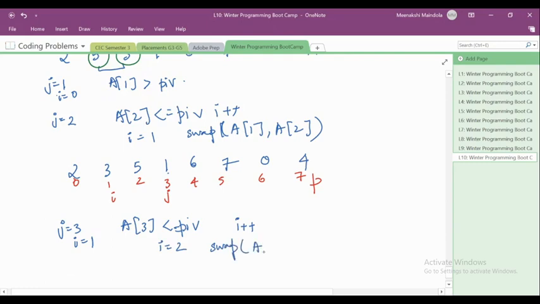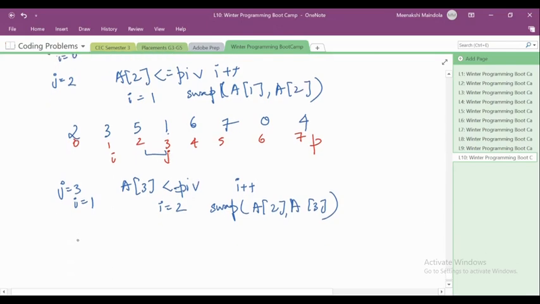So you do a of 2 and the next element that you have is a of 3. So you swap these two values, right? So you have 2, 3, 1, 5, 6, 7, 0 and 4, right? Is everyone with me?